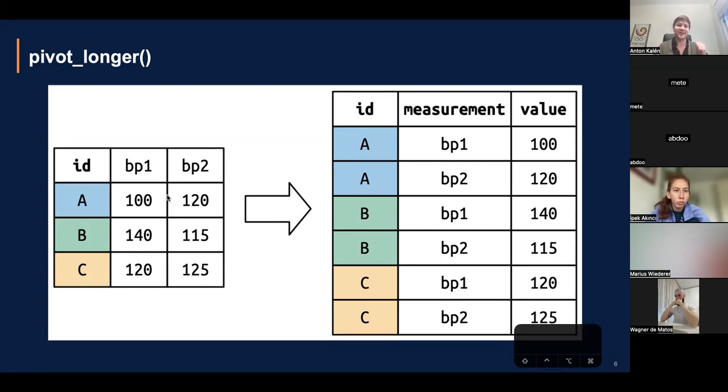I start to feel old now. So pivot is we want to somehow turn the data around, right? And longer means that probably we have more columns than we want, and some of them we want to pivot into a longer format. So some of the things that we have in different columns, we want to get into different rows instead.